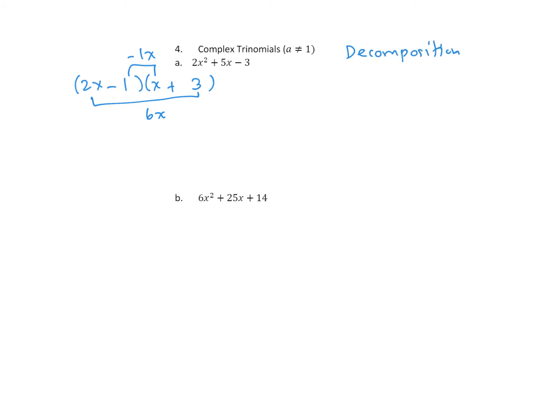Decomposition is a step-by-step method that works every time. What we do is we multiply the first number and the last number, and we get -6, and we write down the numbers that will multiply to get -6.